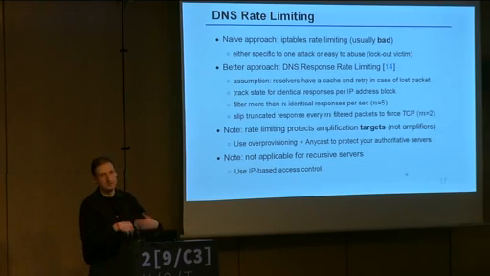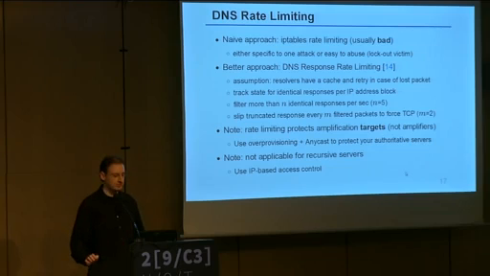Not every time, but it will retry, and then it will get, after a second or third try, a truncated response. And when it gets a truncated response, it will do a TCP retry. And with TCP retry, you have no problems with amplification attacks. So DNS response rate limiting may do some damage, but it's very limited.